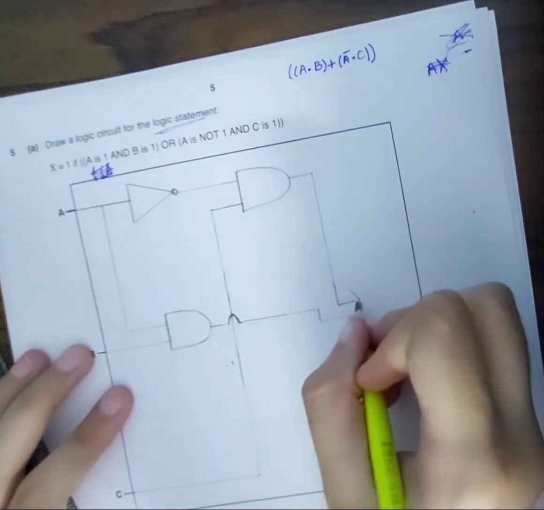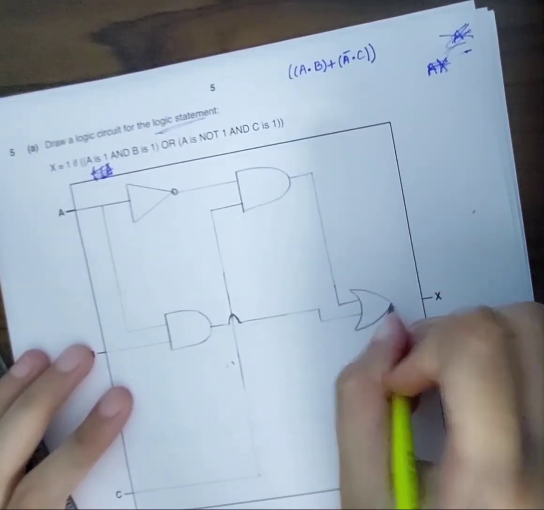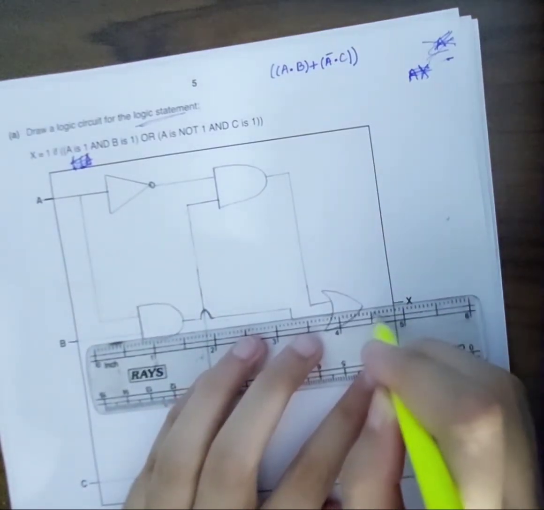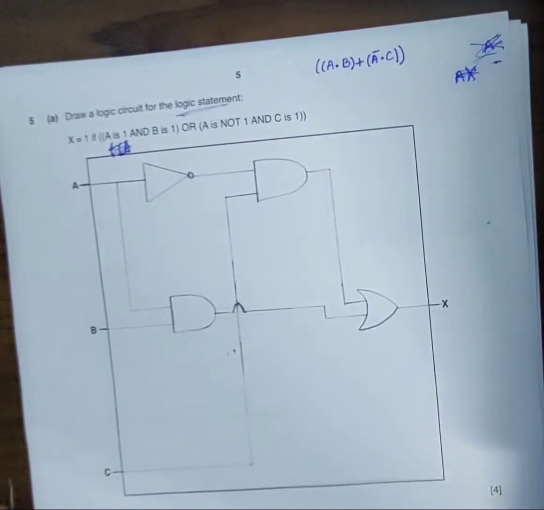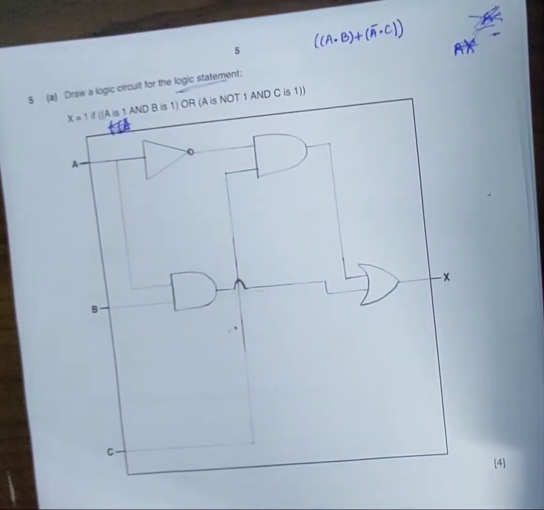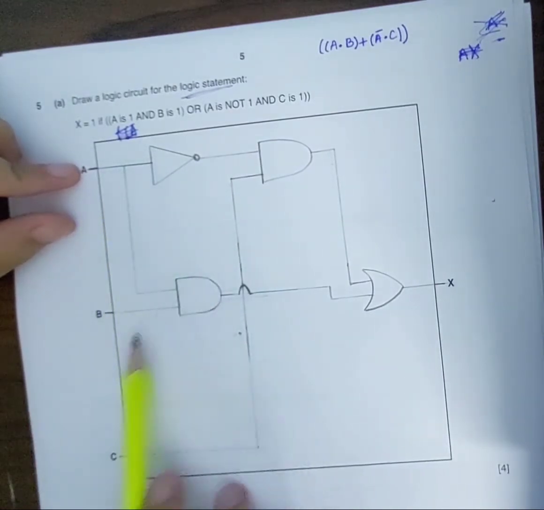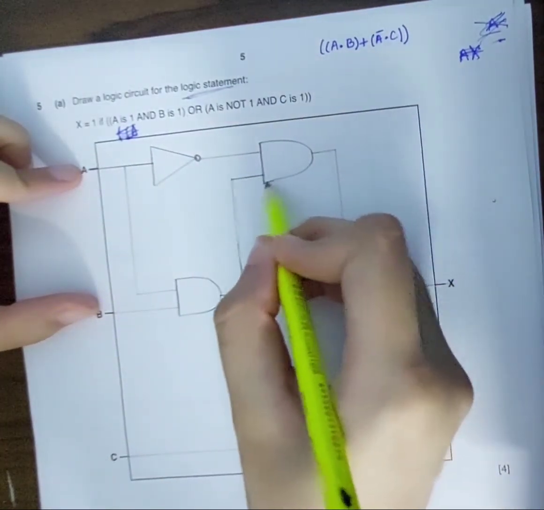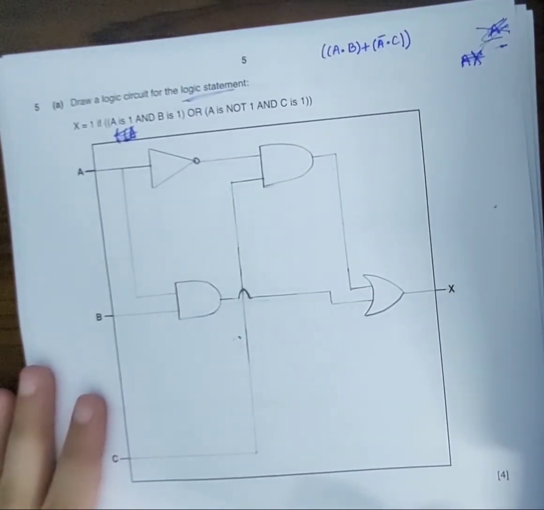You have to apply logic because it itself is a logic gate. You have to practice these types of questions. Now you can cross check: A dot B, then plus A bar dot C. So this is done.